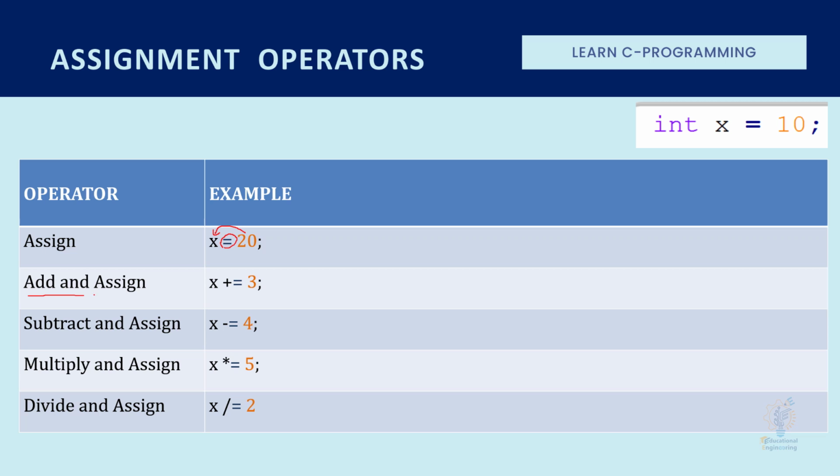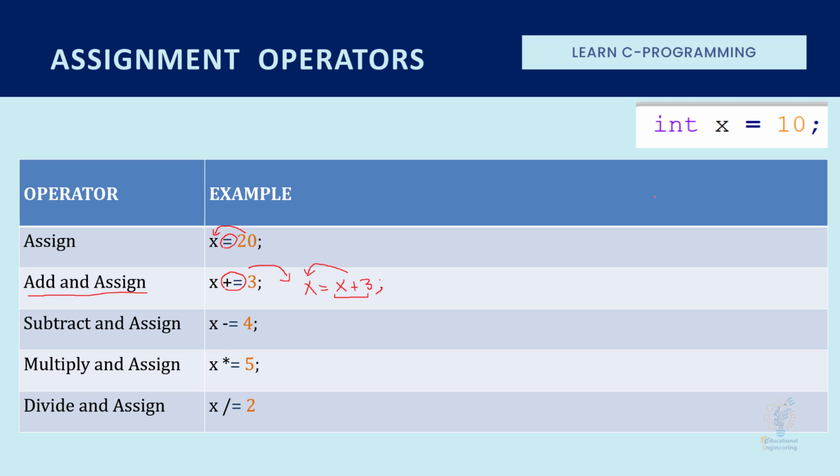Here we have the add and assign, the plus equal sign. This can be interpreted as x equals x plus 3. What this will do is add 3 to the x value and assign the final result to x.